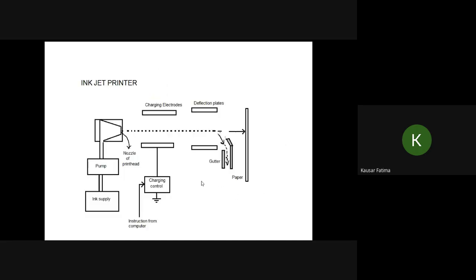There is another diagram here. These are charging electrodes which will cause the droplets to be charged, and they are to be controlled by some computer instructions, depending on whether the print head is moving over the writing part or the blank part.